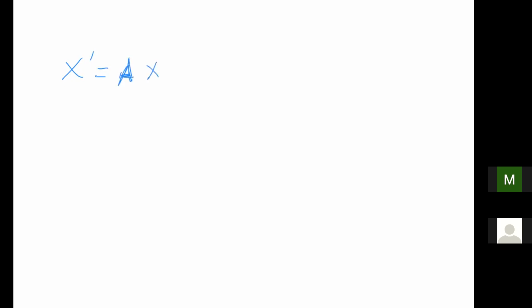So we have two eigenvalues and two vectors.